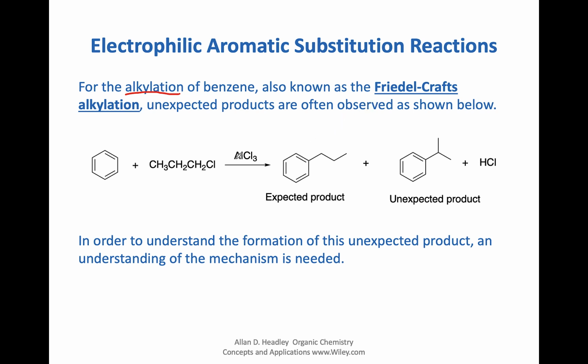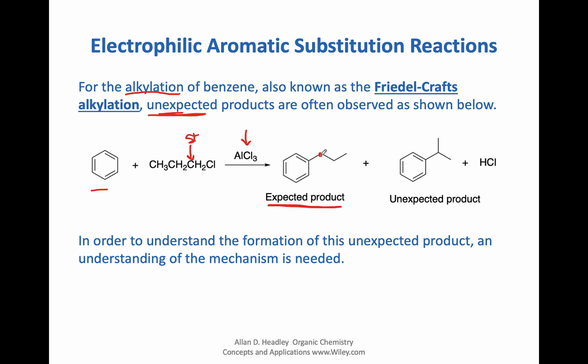There's a problem because there are unexpected products that are often observed. So if we have this reactant, alkyl chloride, we react it with benzene in the presence of a catalyst, yes, you will get the expected product, because here will be our partial positive.